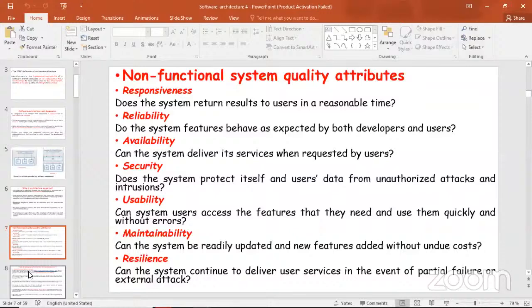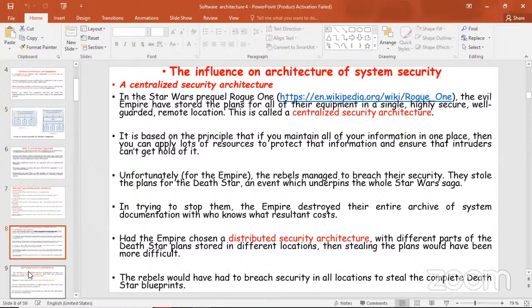Maintainability: can the system be readily updated and new features added without undue costs? Resilience: can the system continue to deliver user services in the event of partial failure or external attack? So these are the functional and non-functional system requirements.